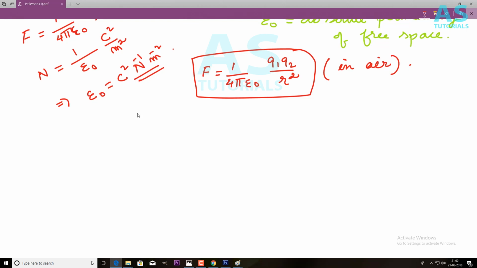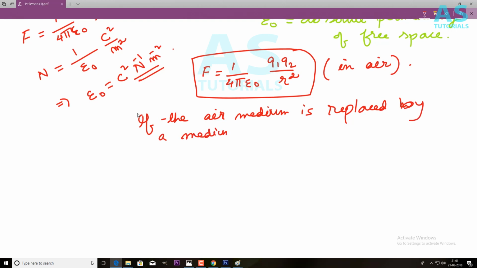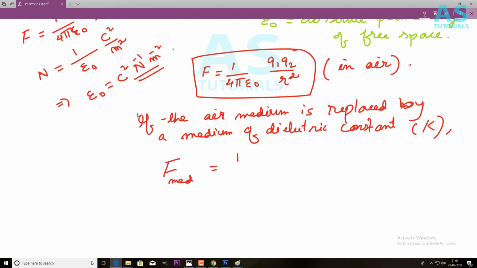And if the air medium is replaced by a medium of dielectric constant K, then in that case F in the medium would be equal to 1 divided by 4 pi epsilon naught K, Q1 Q2 divided by r squared.